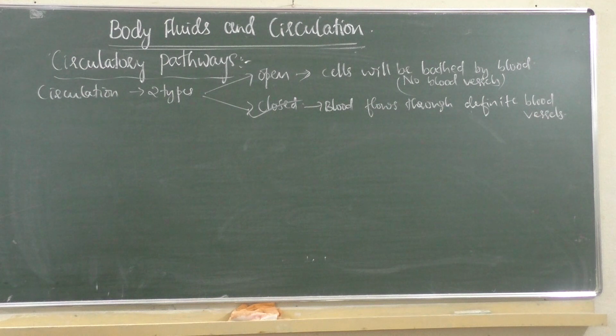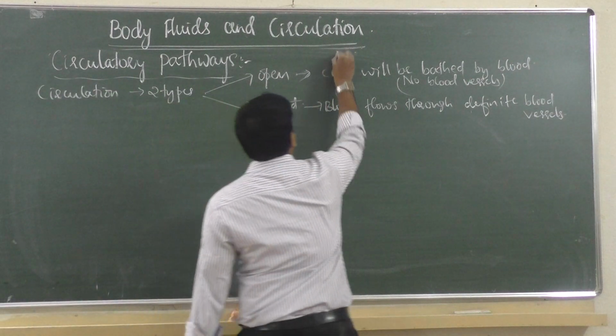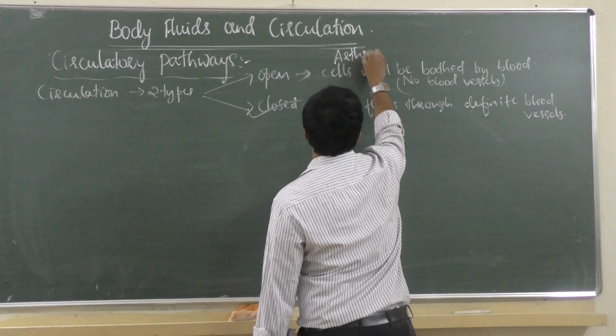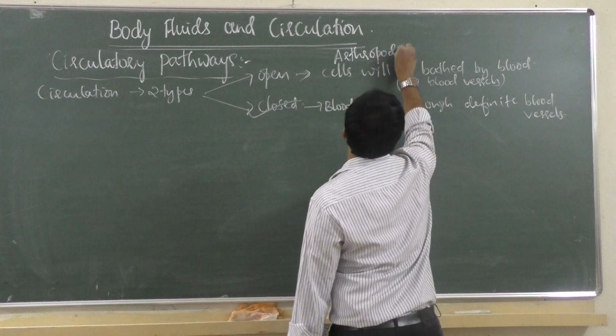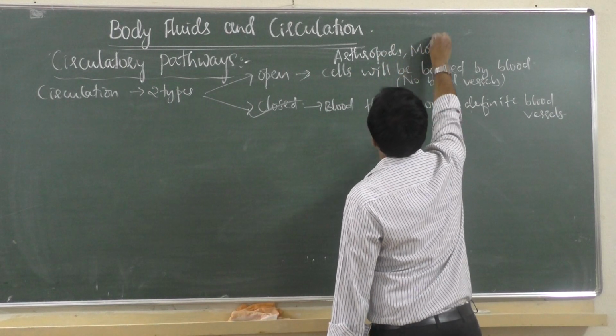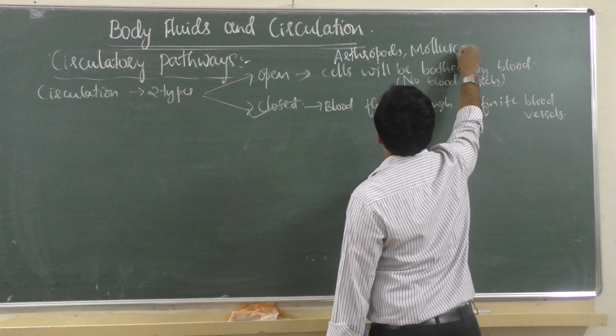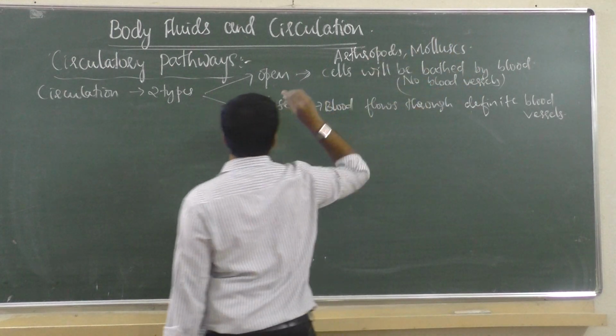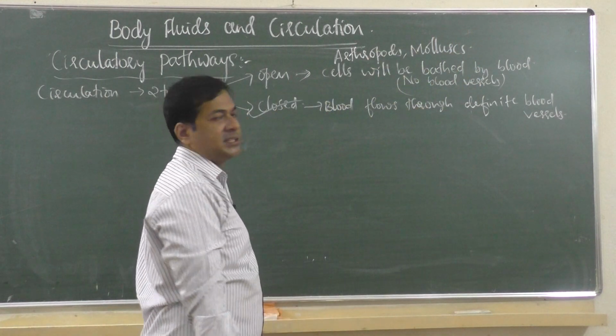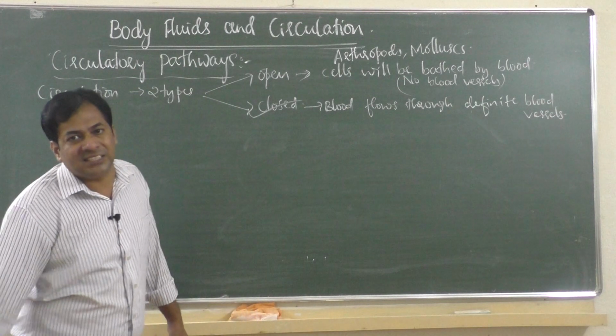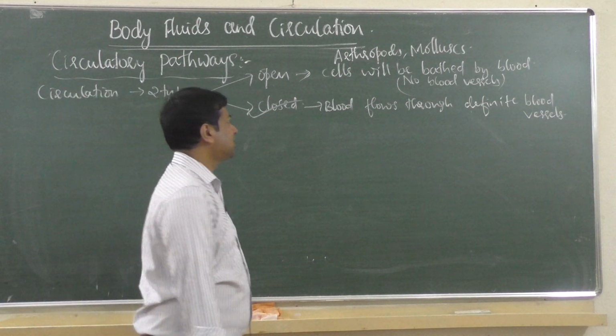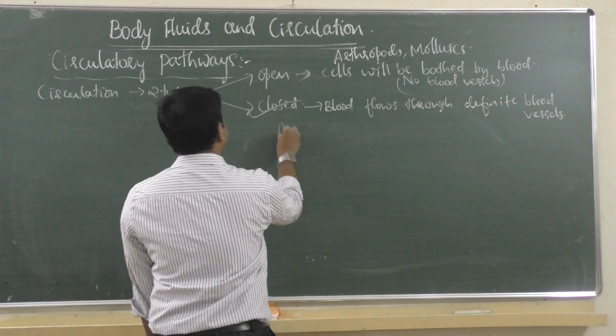Then, like we know, an open circulatory system is there in many organisms, especially arthropods and mollusks. Open circulatory system is there in almost all invertebrates except annelids, because annelids have a closed circulatory system.